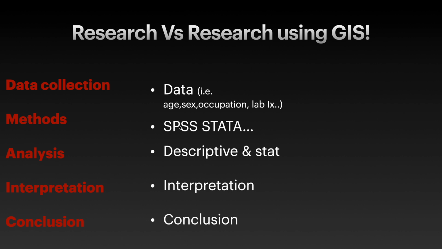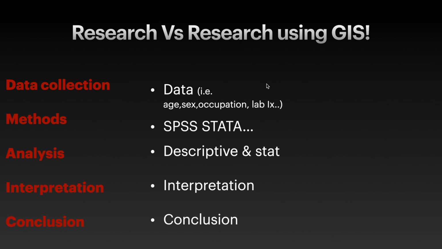Whatever variables we are interested in, or that will help us to evaluate our hypothesis, and we would be using SPSS or other kinds of software to analyze our data, and we would be presenting our results in the form of descriptive or statistical analysis. Then we interpret those results and we conclude from that.